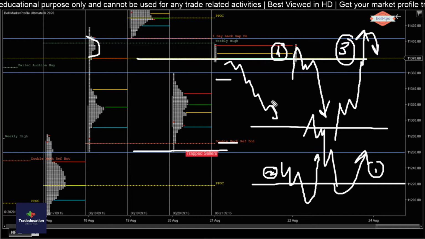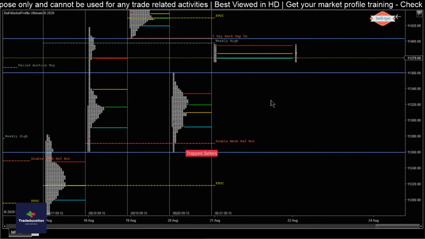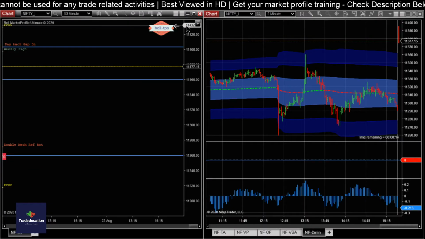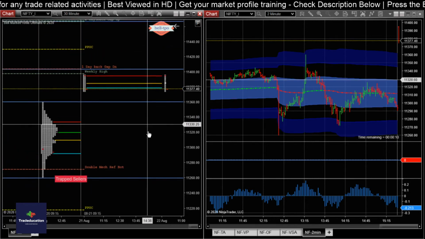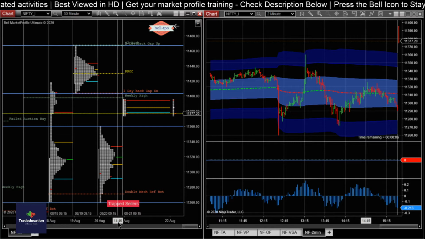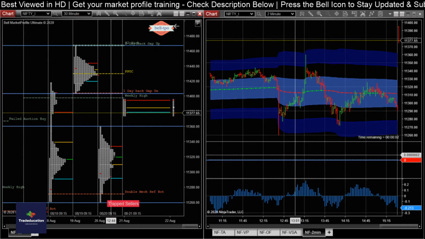Let me delete all this, and let me minimize this, and let's look at the volume profile chart to understand the overall context. Let me also bring this so that we know. This value area high has been tagged, and the auction has just halted there.